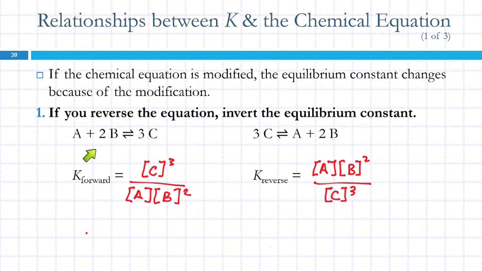So writing the equation in the opposite direction, it would be the equilibrium constant to -1, or 1 over the equilibrium constant. So K reverse is equal to K forward to the -1, which is the same as 1 over K forward. So that's rule number 1.